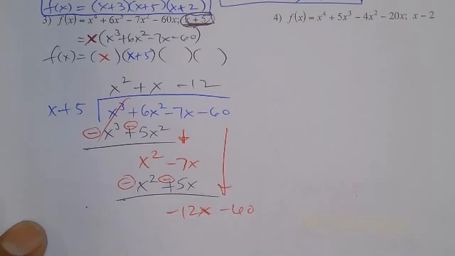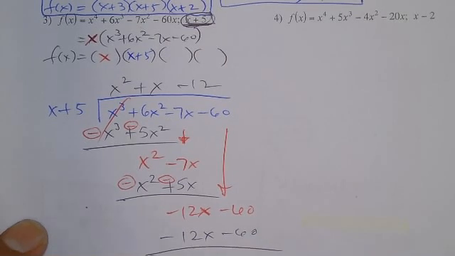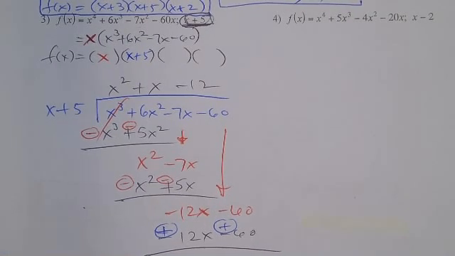Did I do it right? How do I know if I'm right? How do I know if it's not right? The remainder has to be 0. Did I get remainder 0?